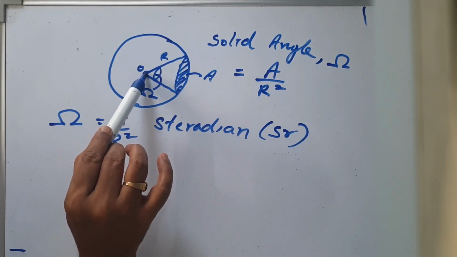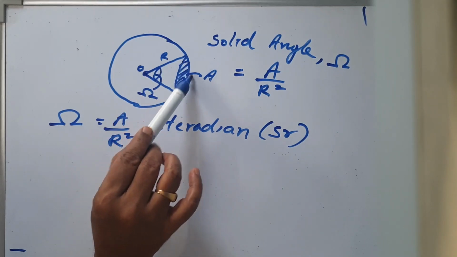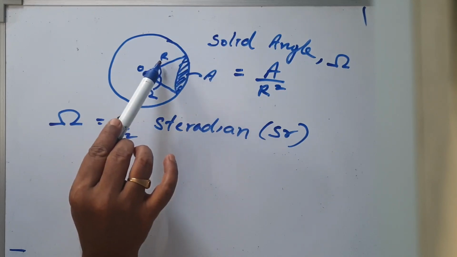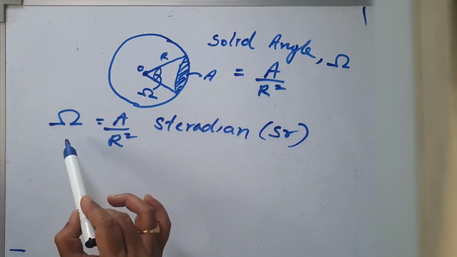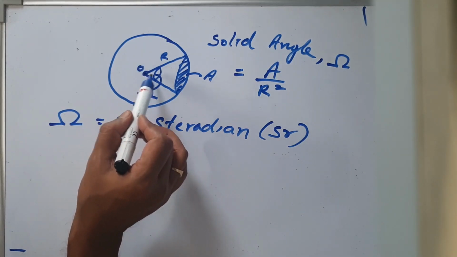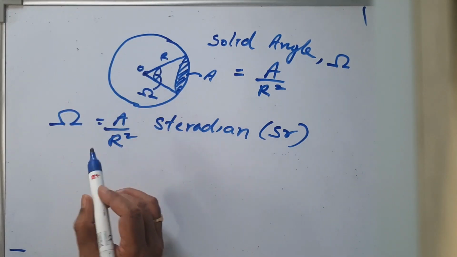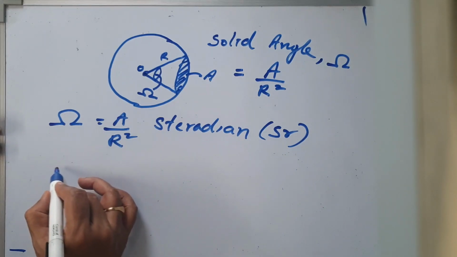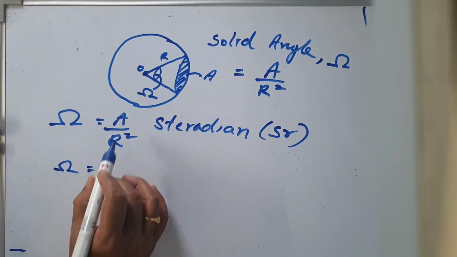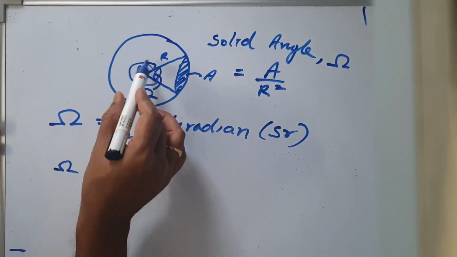It is the solid angle subtended at the center of a sphere by an area A on the surface of the sphere, given by the ratio of the area to the square of the radius. What will be the total solid angle subtended at the center of the sphere by the entire surface? Let me take the entire surface.